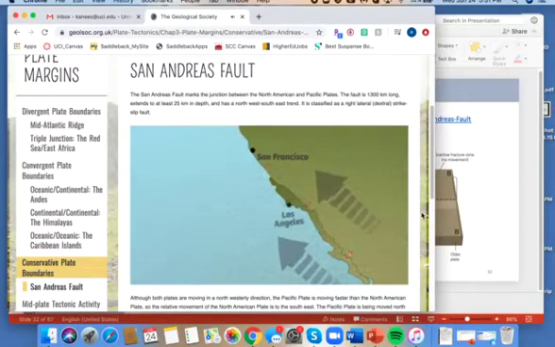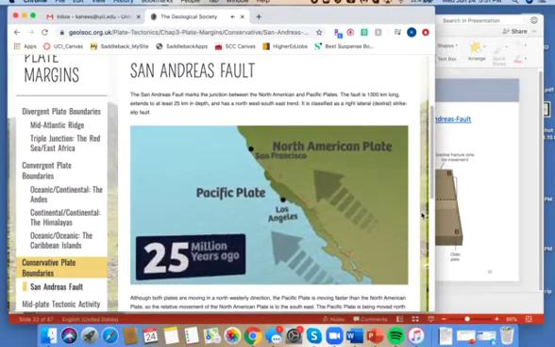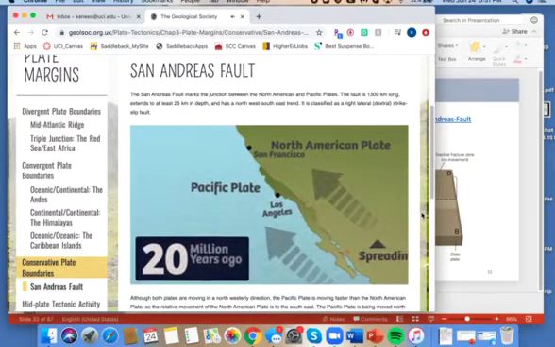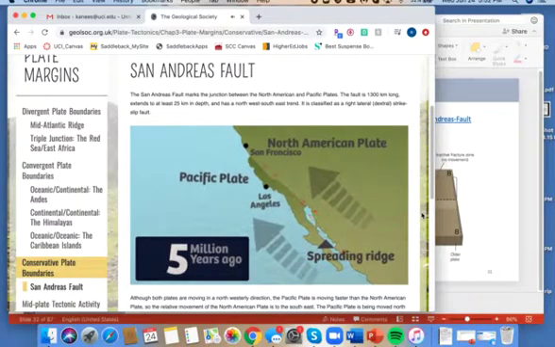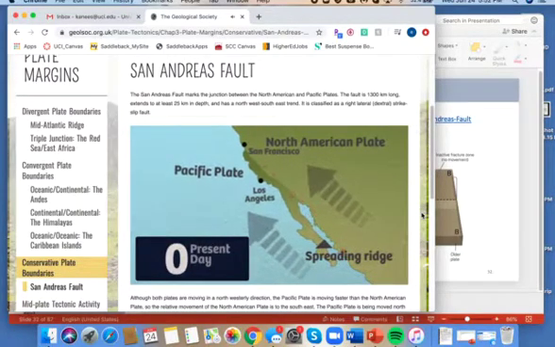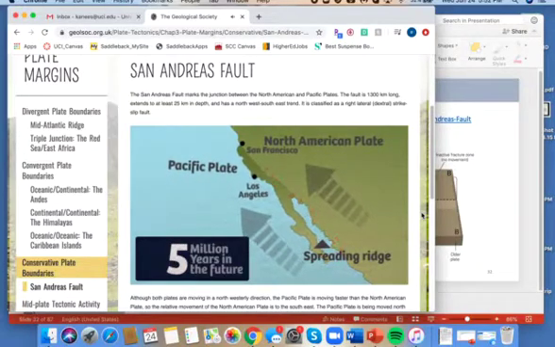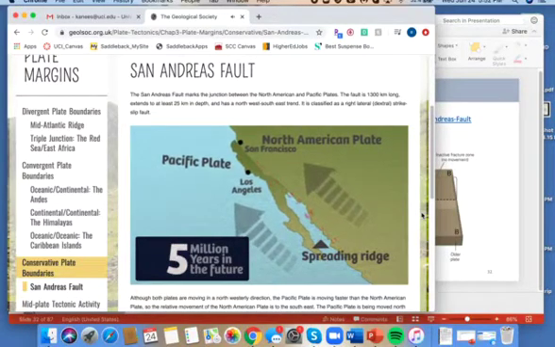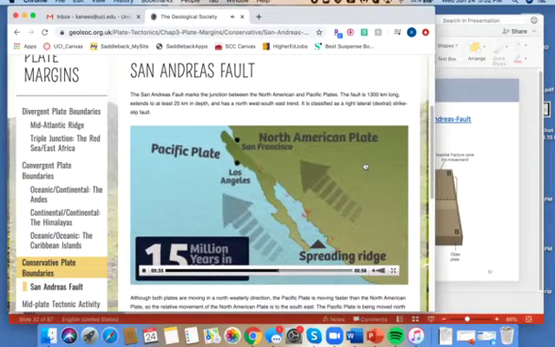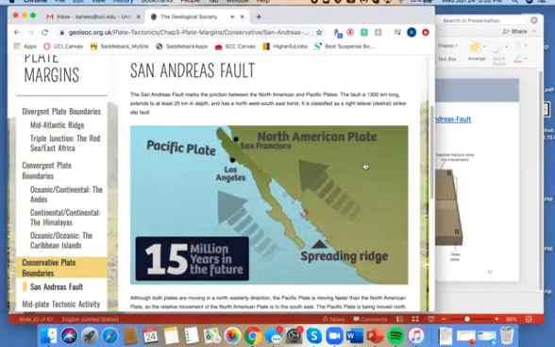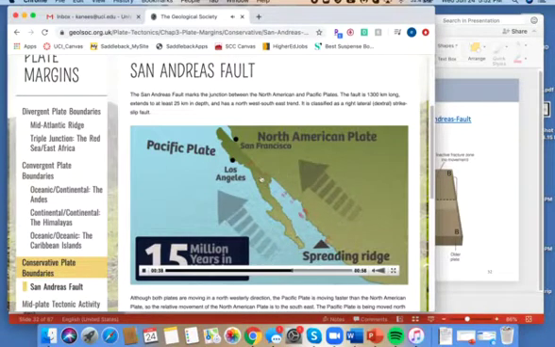They're moving in the same direction, but they're moving at different speeds. So technically, we down here in Orange County are on our way up to San Francisco without even realizing. So that causes quite a bit of earthquakes along this fault as our plate moves much faster up towards the north.